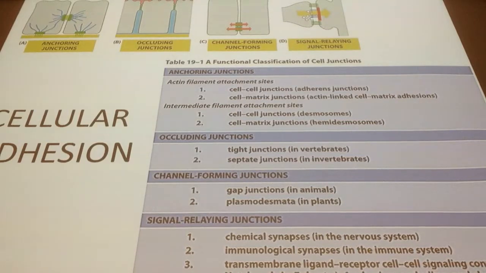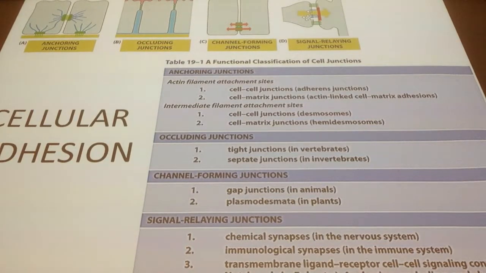All right. So cell adhesion. Cell adhesion refers to the fact that cells have to physically interact with other cells, as well as physically interacting with the extracellular matrix. So these are the various types of cell adhesions: anchoring junctions, occluding junctions, better known as tight junctions.